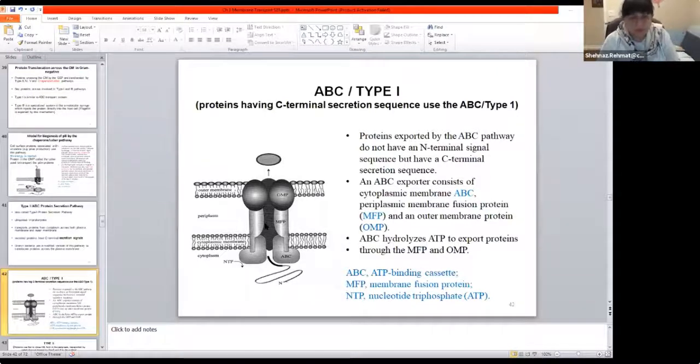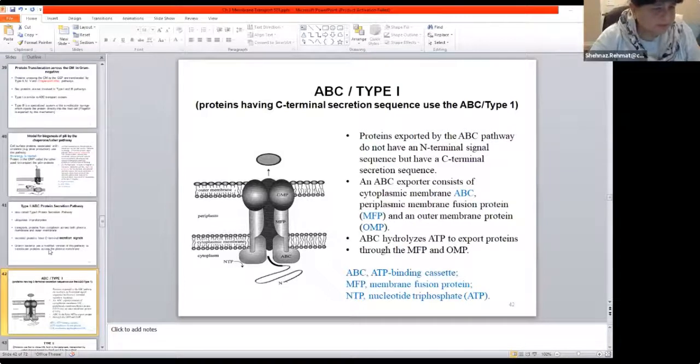So for type 1, you should know an example or two. I will ask questions to give an example where this has been discovered, in which bacterium, or what is being secreted out. So just remembering that is important, not every component of it, and be able to differentiate between them.